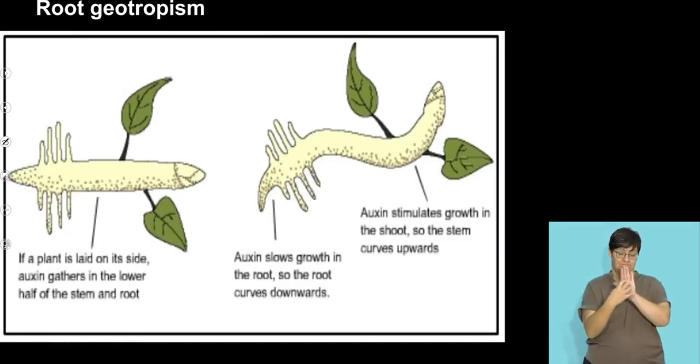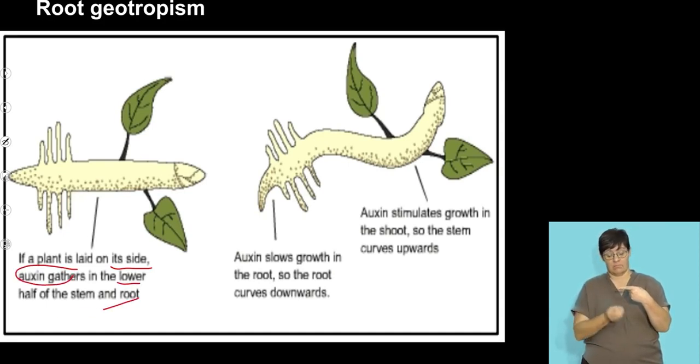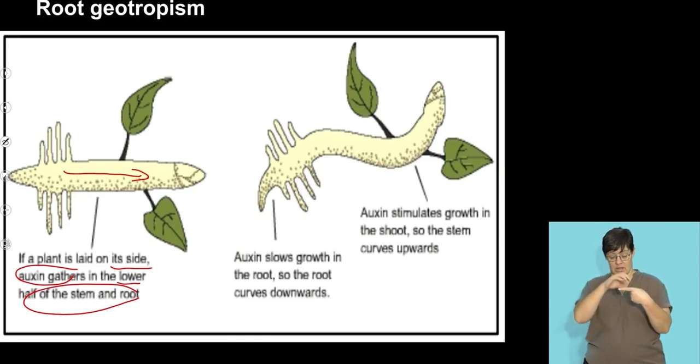Here I have an illustration where we've got a plant that is placed in a horizontal orientation. If we look at this, we see that the plant is laid on its side and the auxins gather in the lower part of the stem and root. So the plant is placed along a horizontal surface, and at the bottom of that we see the accumulation of the auxins.